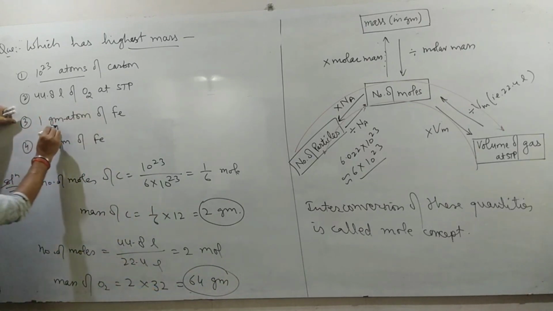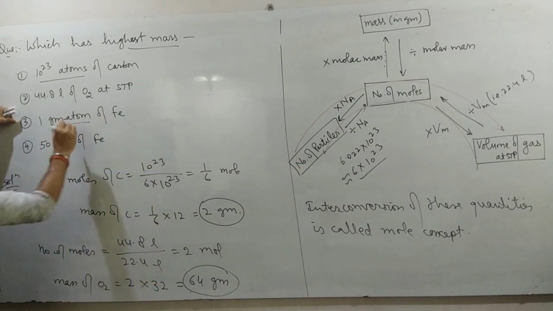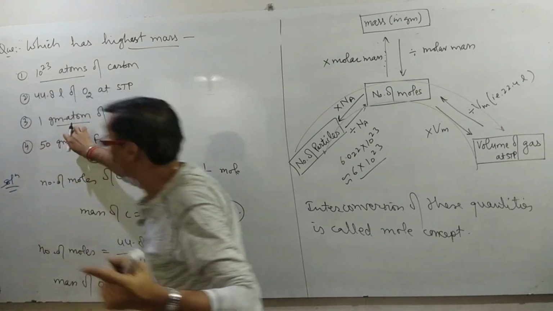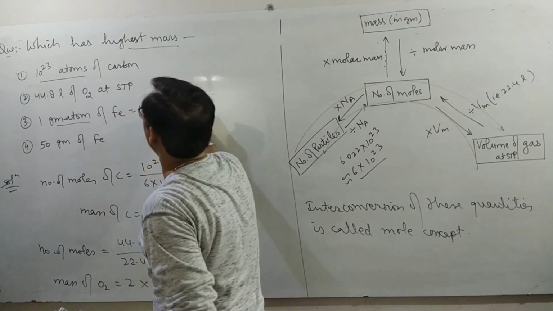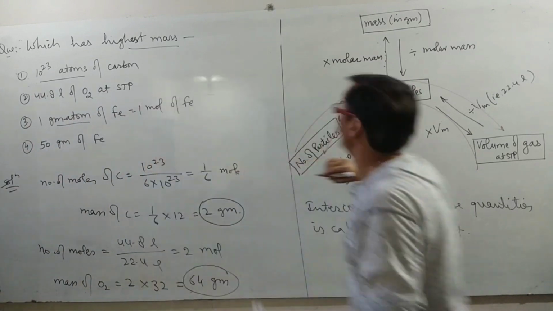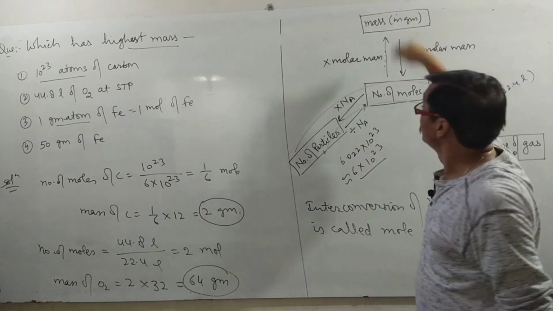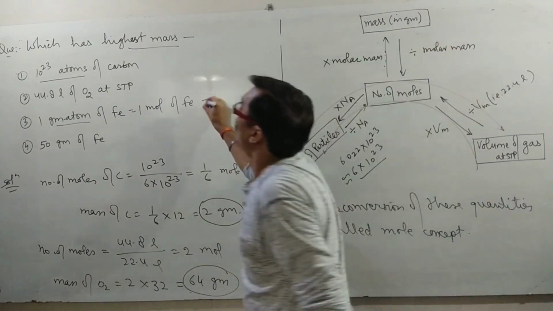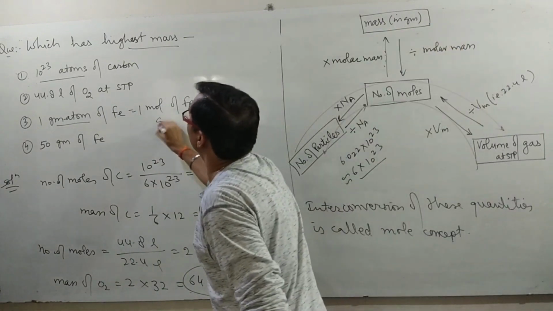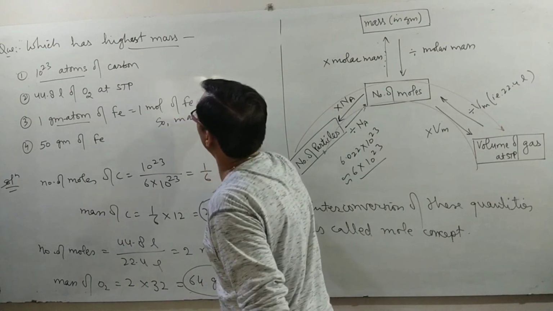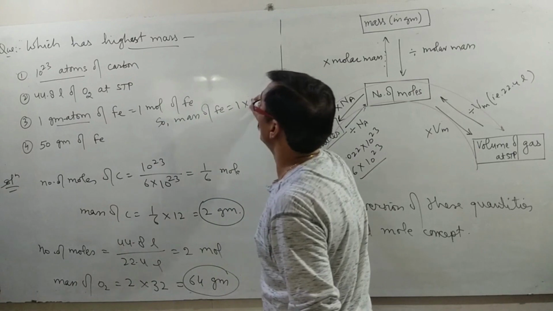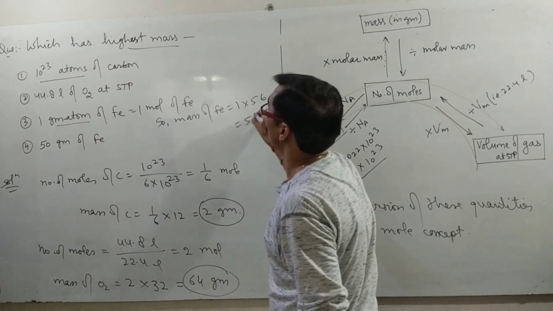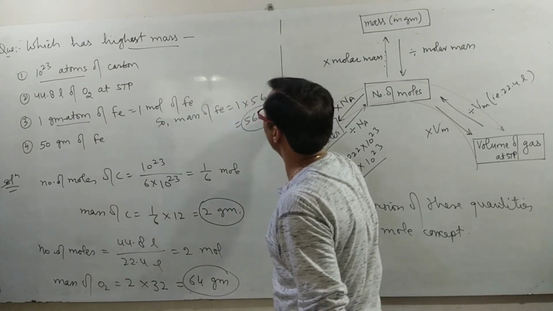Now 1 gram atom of iron; the term gram atom is also used for mole, that is, it is 1 mole of iron. And if you want to change moles into mass, the mass of iron will be number of moles into molar mass, 56, so it is 56 gram.